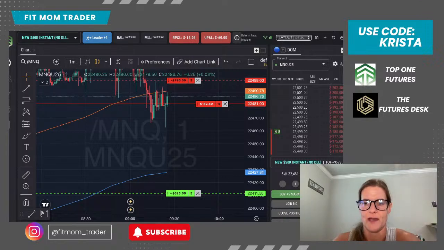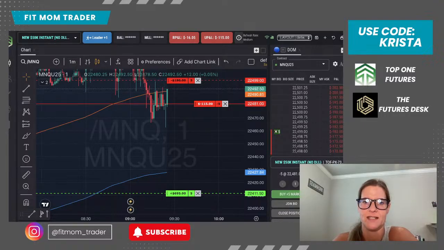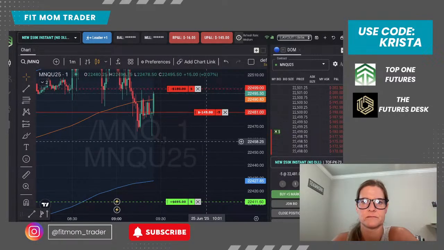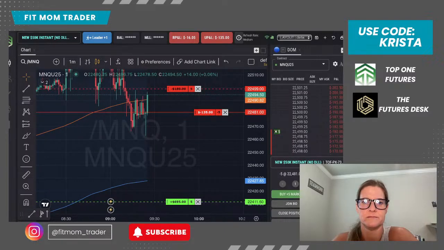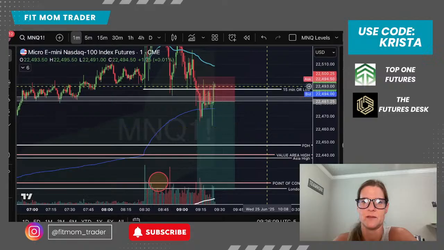Looking at the book map, heat map, there's not a lot right now. We do have some up at 550, which would be a new all-time high. And I did say that I wasn't taking shorts today, and here I am in a short, about to get stopped out. Getting back up above that 15-minute opening range low.